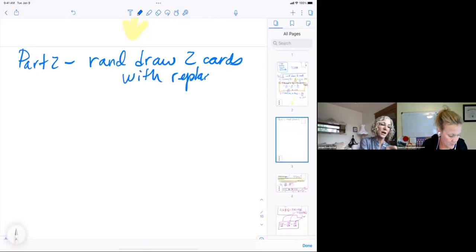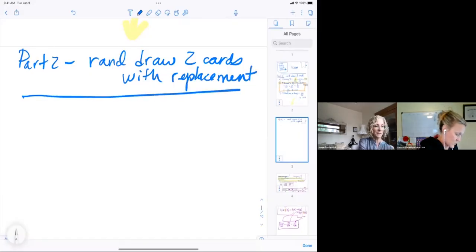So we're going to draw a card, and then we're going to put it back in the pile after we draw it. That is what's happening for part 2. Part A says find the probability of drawing a 2 and a queen.